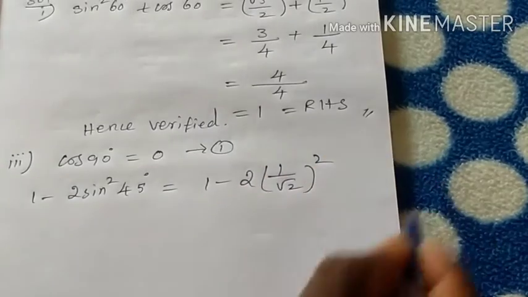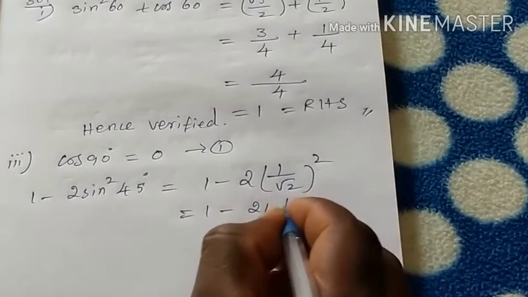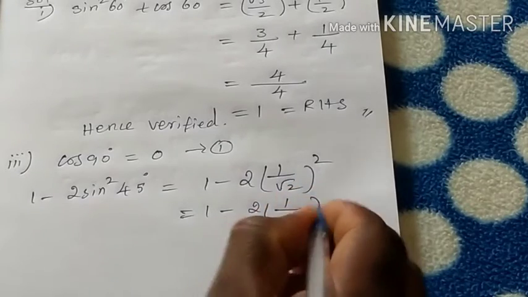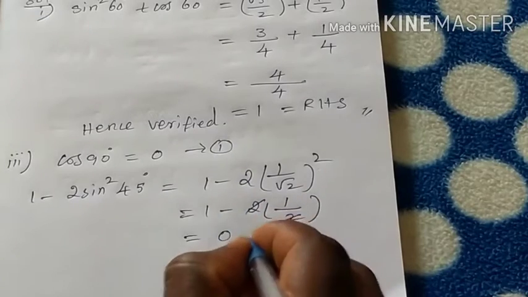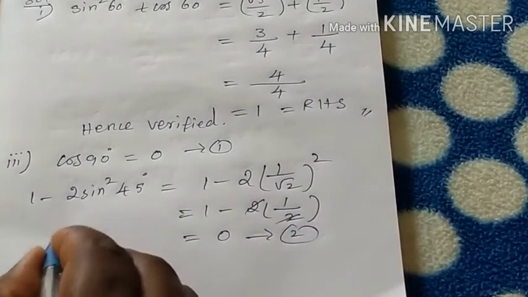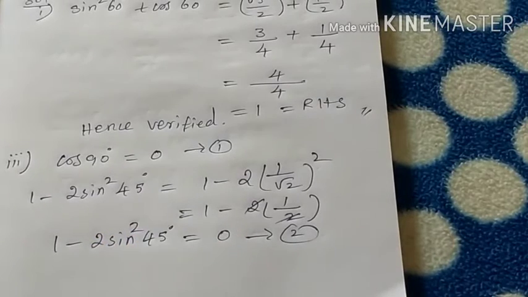So 1 by root 2 the whole square, which is equal to 1 minus 2 into 1 square value is 1, root 2 square is 2. 2 are cancelled. So it is equal to 1 minus 1 is 0. This is number 2. This is the answer of 1 minus 2 sin square 45 degree.